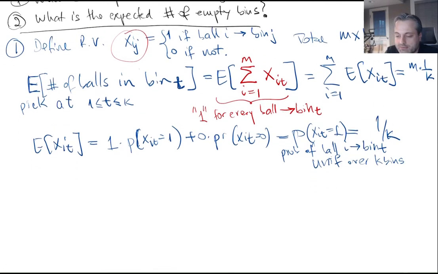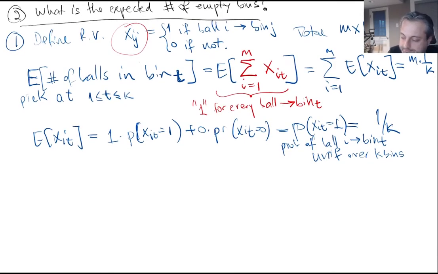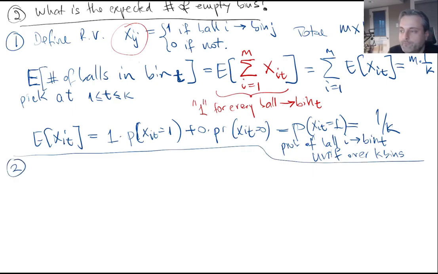So what about the second part? Part 2. What is the expected number of empty bins? Well, we have to see what is the probability that a bin remains empty.